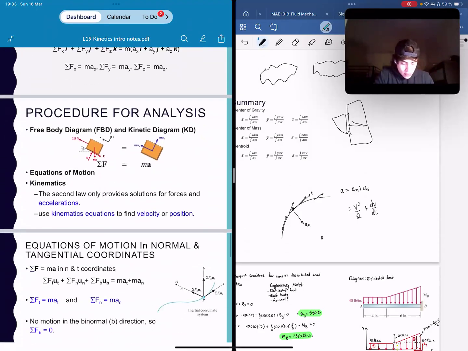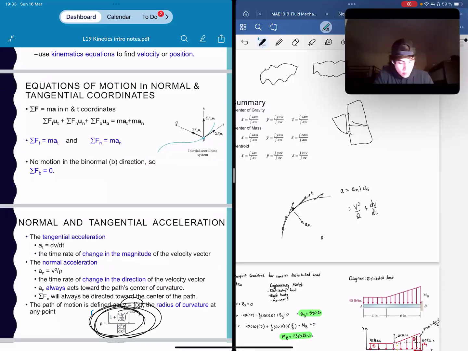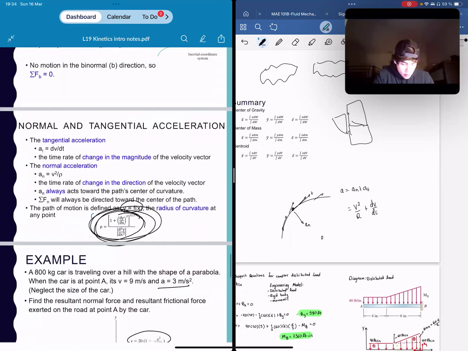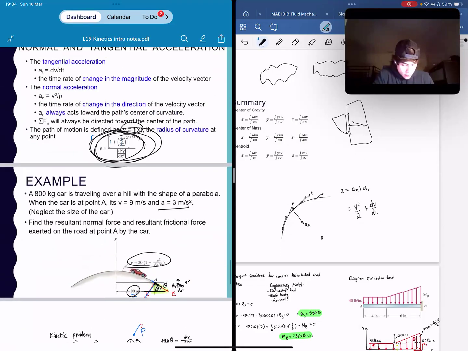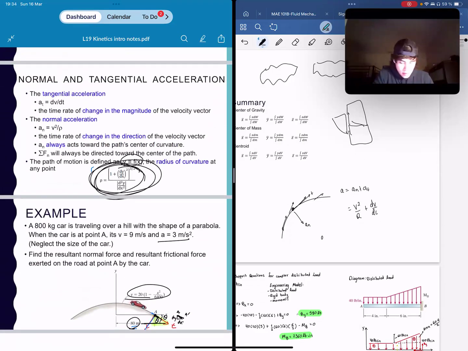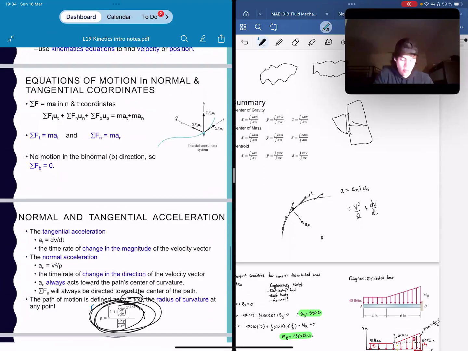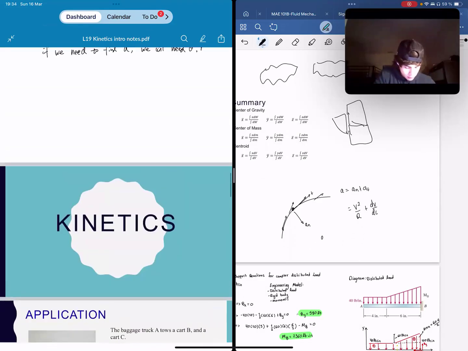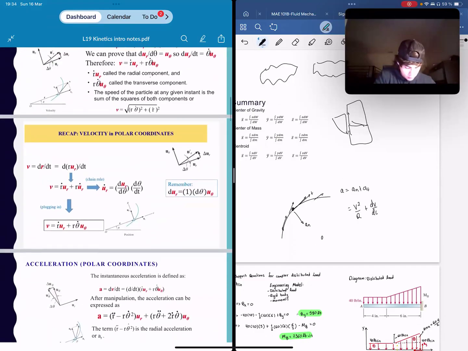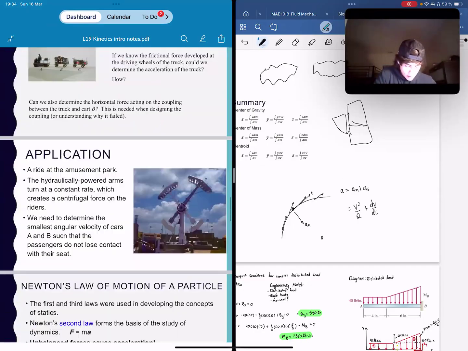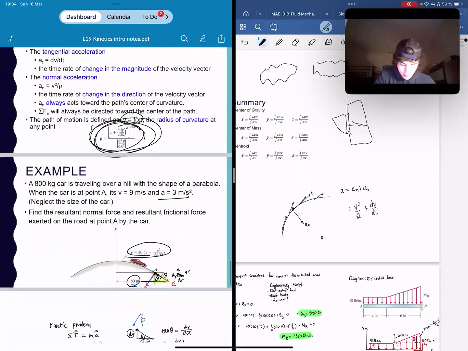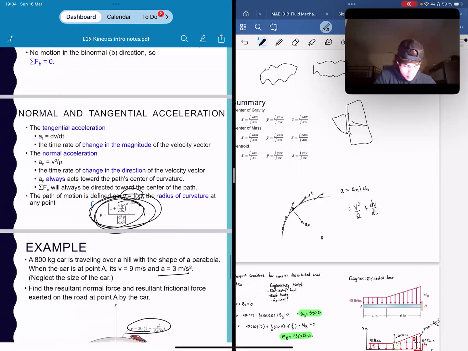And that was for cylindrical coordinates, u r and u theta, right? And then we could also have a different set of axes, normal and tangential components, right?